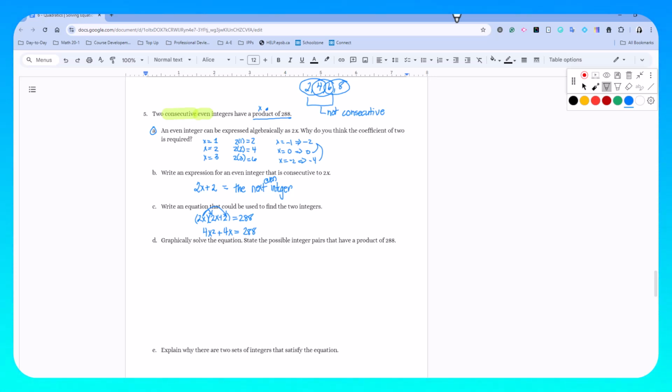Now, to solve this graphically, we need to put y1 equals 4x squared plus 4x minus 288. Because I want to bring everything to the other side, so I'm subtracting 288 from both sides. Now I'm going to go second, trace, and we're going to go 2 for 0 if you're on the TI-83 or 84.